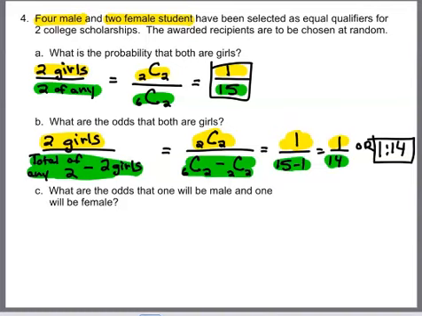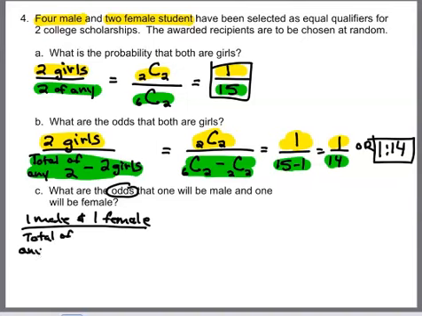What are the odds that one will be male and one will be female? So now how many ways can it come up one male and one female, compared to all the other ways, because this is odds, right? So we're going to say total of any two again minus all the ways we can come up with one male and one female.